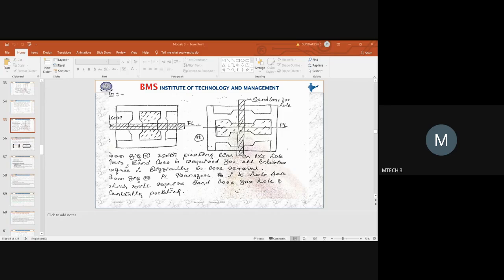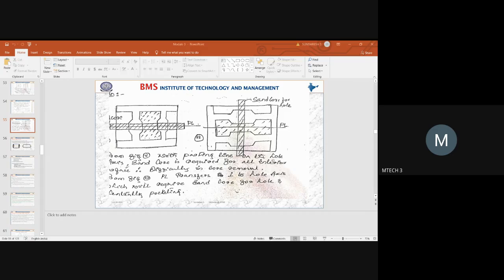And a more important thing is, you need to have a little knowledge regarding casting or machining or forming or welding. These are very basic things you need to remember. We have the basic knowledge of these manufacturing processes, and also you should think of how the manufacturing processes will be carried out.